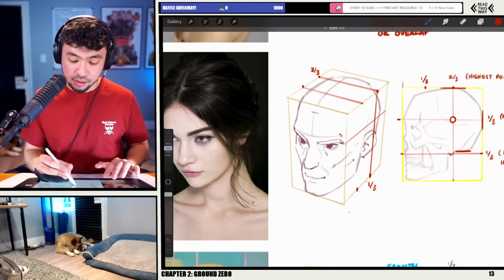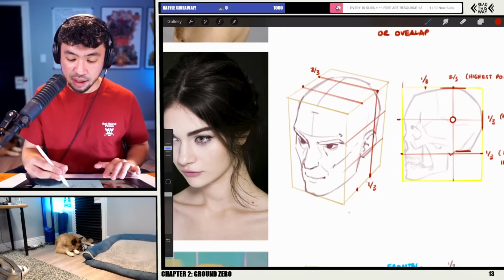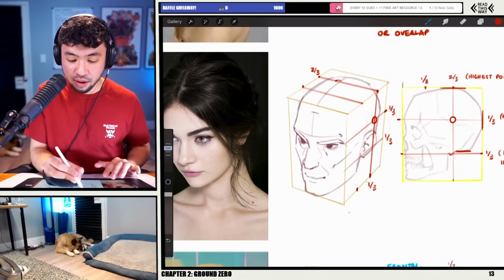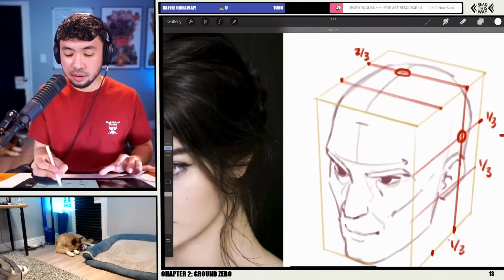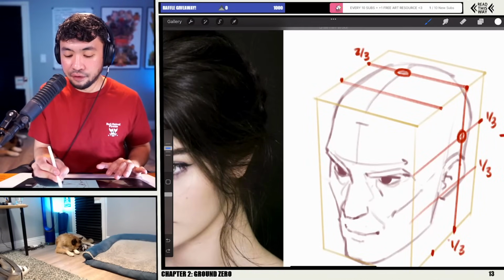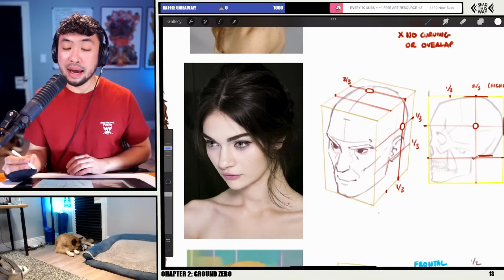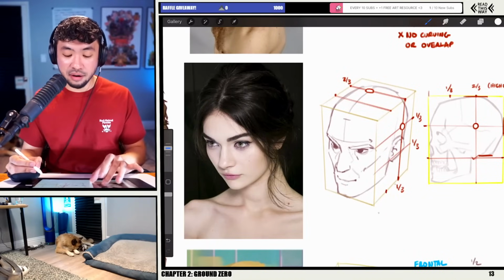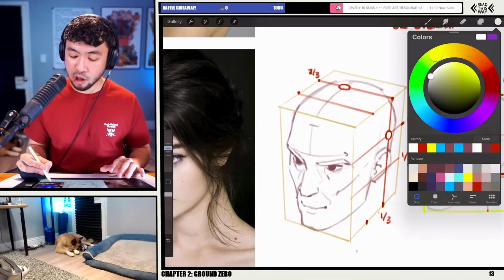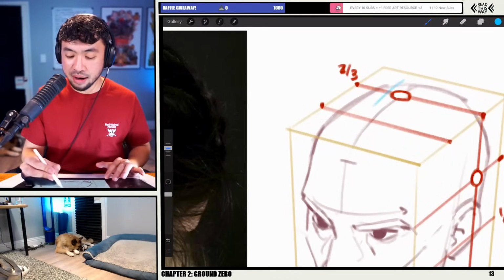Okay, so as you guys can see here, I'm just laying out the grid that we have. You can take a look at these points right here, this point right here, and these points right here. These are basically going to be the farthest, the highest, and the widest points in the head, and this is very important and valuable because it helps you establish perspective on the head.